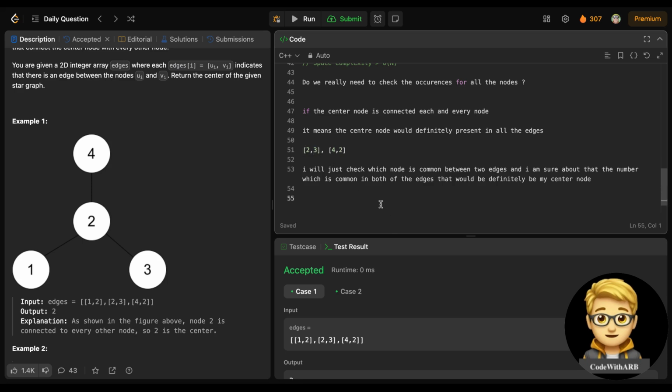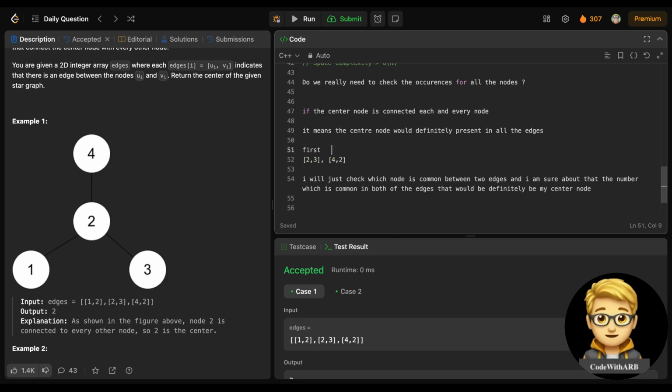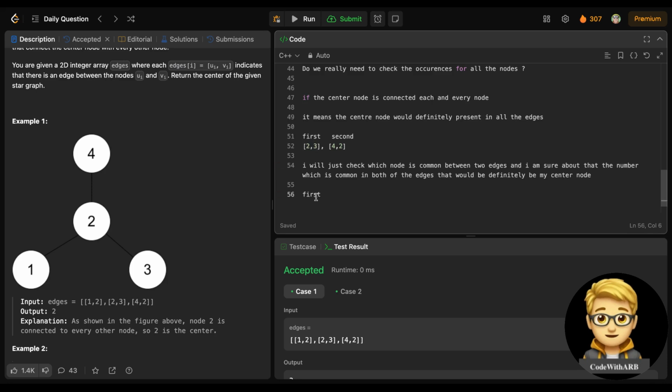So how will we check? Let's take this as the first edge and this as the second, right? I will check whether the first element, which is 2, is equal to either of the two elements of the second edge, or whether the second element of the first edge is equal to either of them.